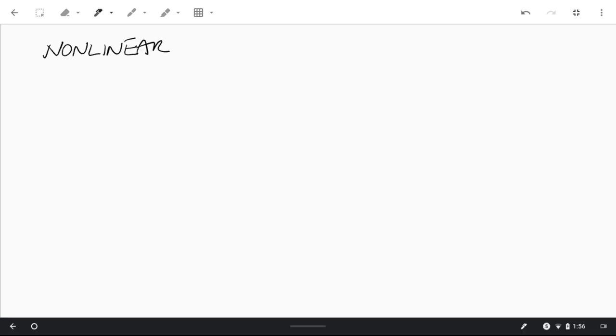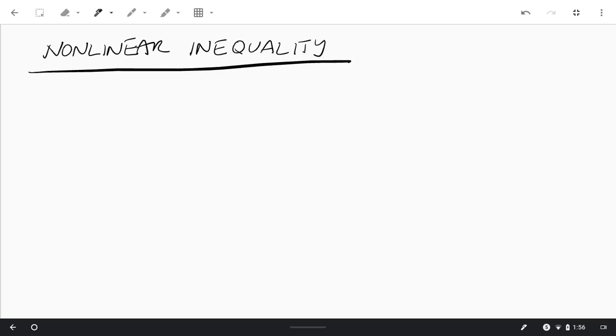These are much trickier to work out, and there's more work involved. When you're dealing with these quadratic or rational inequalities, the first thing you want to do is set the inequality to 0.